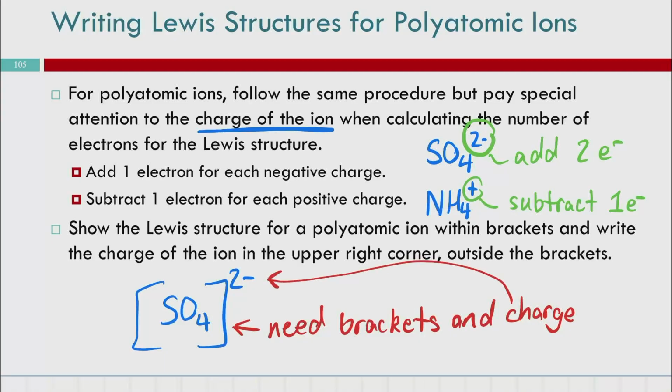That's because this whole thing together, the brackets, this entire structure, whatever we would get for SO4, has a negative charge. It's not that the 2 negative charges are on the sulfur or on the oxygen, just overall we've got 2 extra electrons. And so we indicate that with the brackets and the charge in that upper right-hand corner.